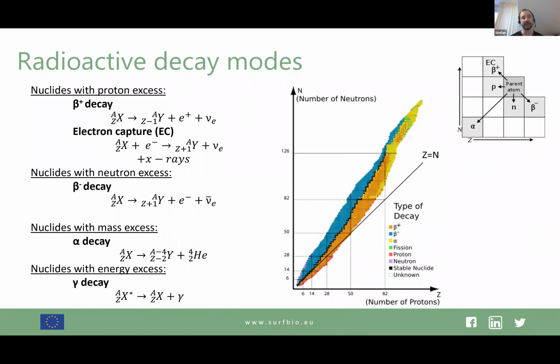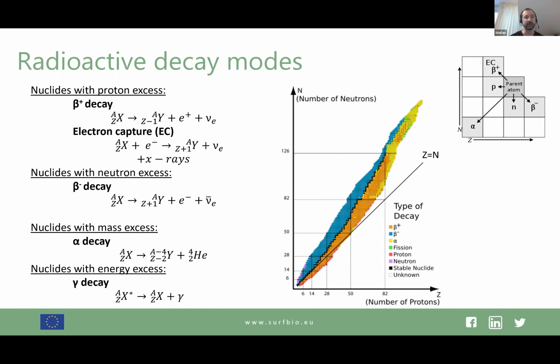As you can see, the proton number reduces by 1, since 1 proton is transformed into a neutron by these decay forms. That is how the radionuclide gets rid of its proton excess. You have the positron decay; the positron is the antiparticle of an electron.